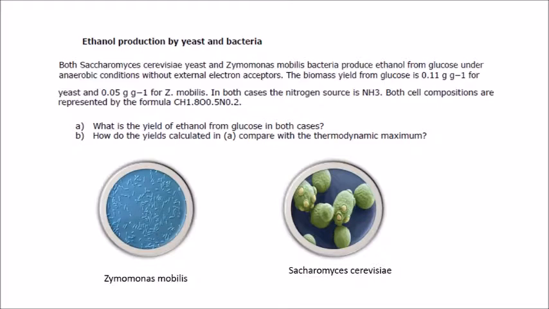In both cases, the nitrogen source is ammonia. Both cell compositions are represented by the formula CH1.8O0.5N0.2. What is the yield of ethanol from glucose in both cases? How do the yields calculated in A compare with the thermodynamic maximum?